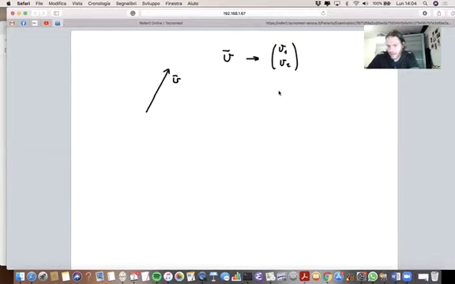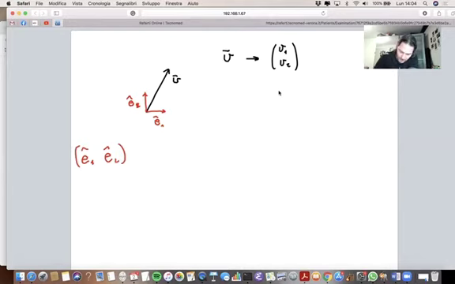And how do I associate coordinates? Well, in order to associate coordinates, I need to specify a basis. Let me call it e1, e2. This basis of the vector space better be orthonormal, but it may not be in general orthonormal, but we like it when it is orthonormal for a number of reasons.